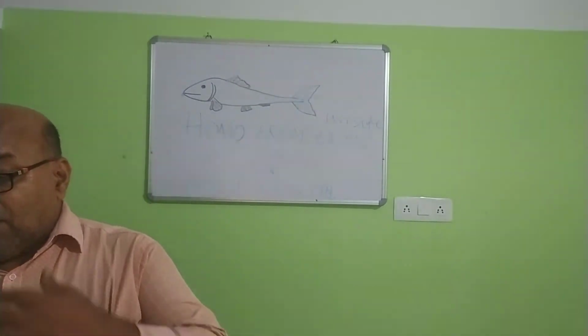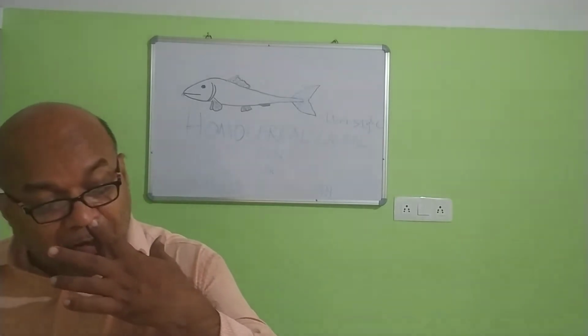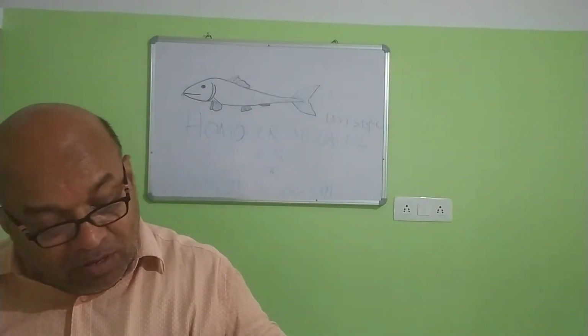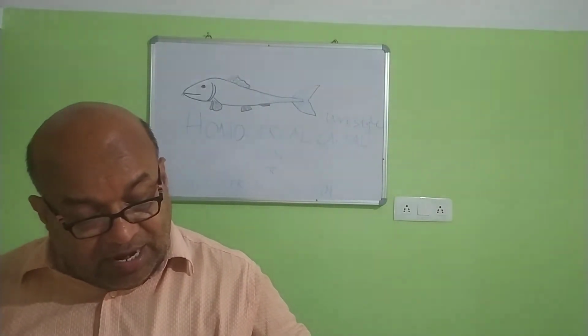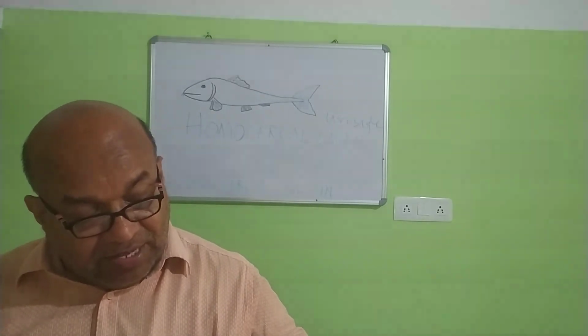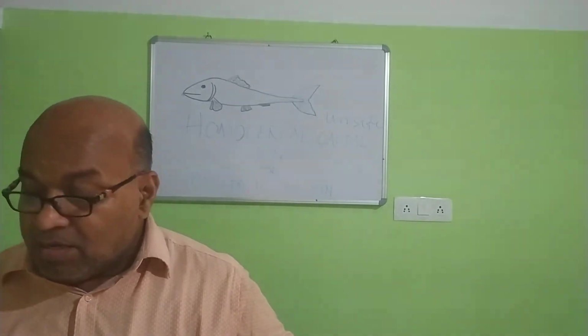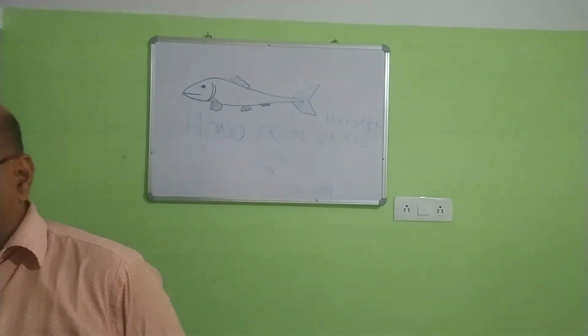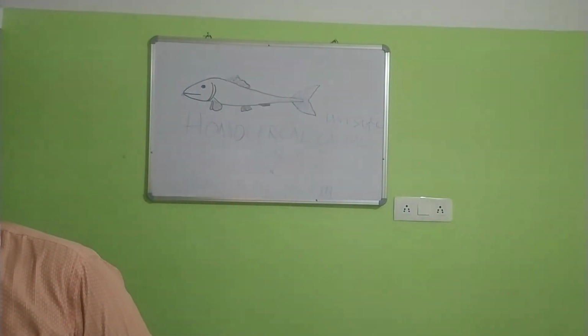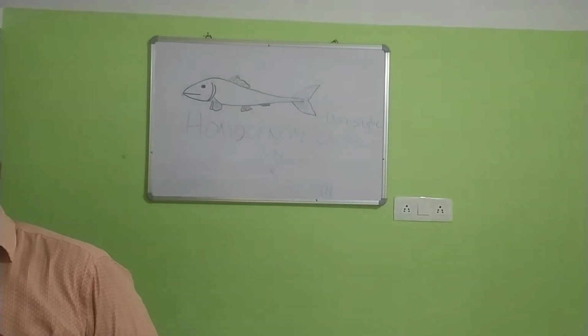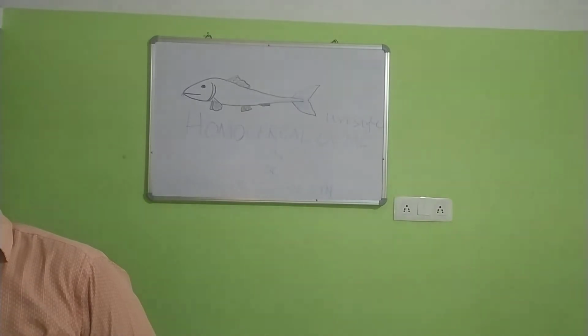Okay? Then the homocercal caudal type has several variations, and you also notice in the cod and the tuna that their vertebral column is reduced or absent, and due to that your urostyle is not so efficient to undulate to the tail regions.